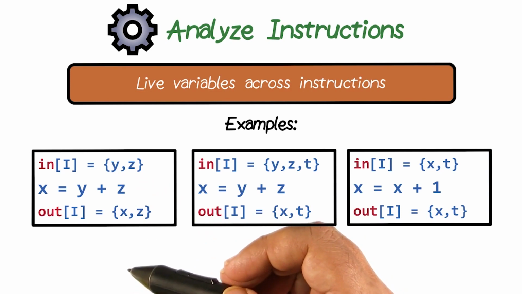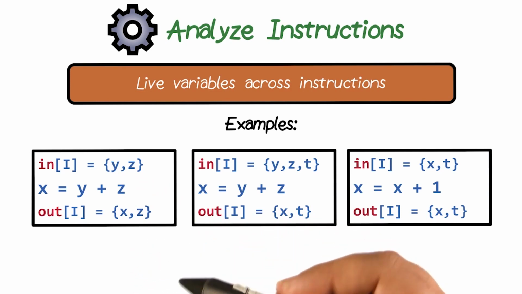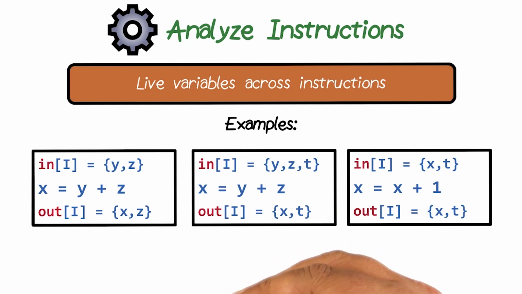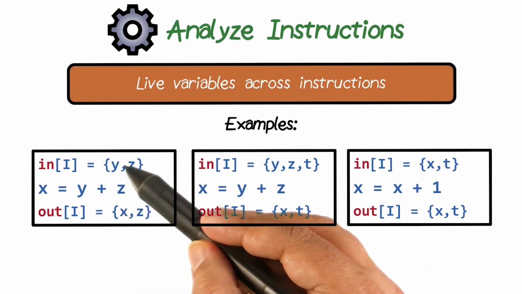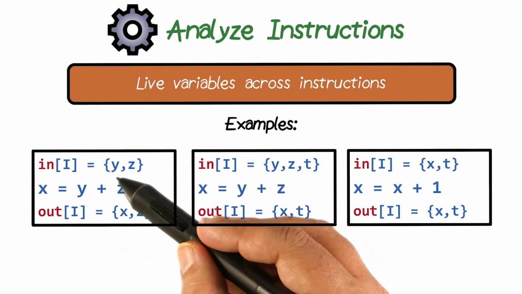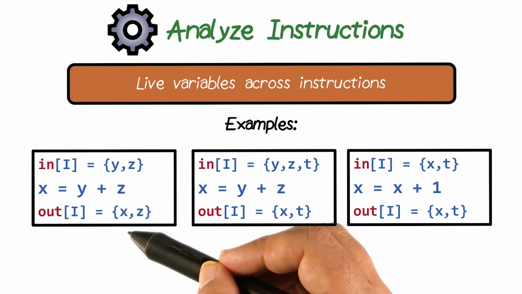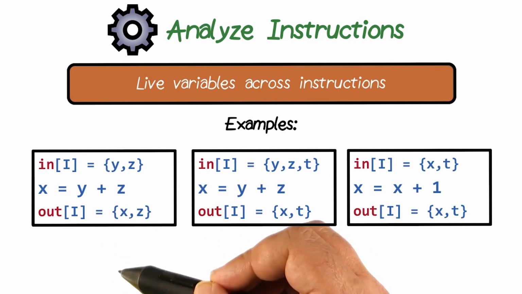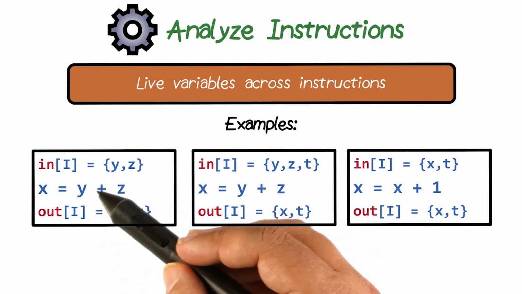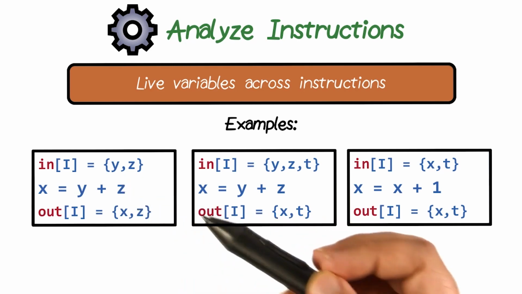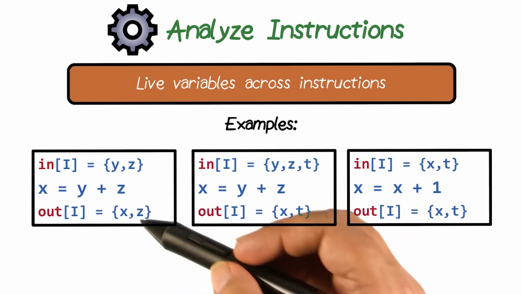So what you can see here is that certain values which may be live over here are not live anymore because of the redefinition. What it means is a new value is being generated, so the current value has no use between this point and the generation of this new value. So something which is live here ceases to be live above the definition point of x, and that's why x is not live here.